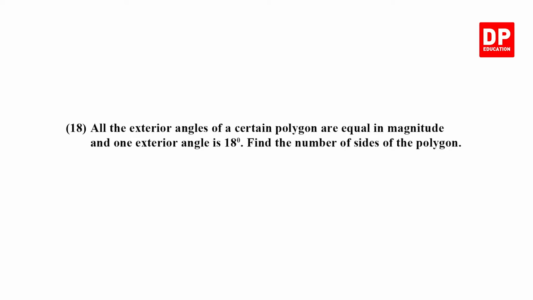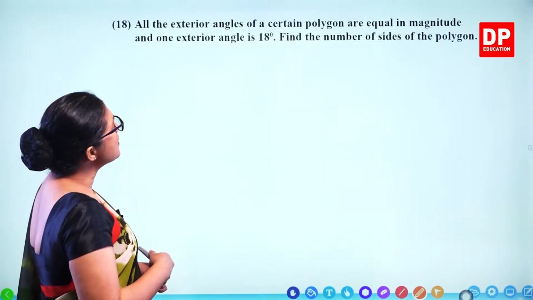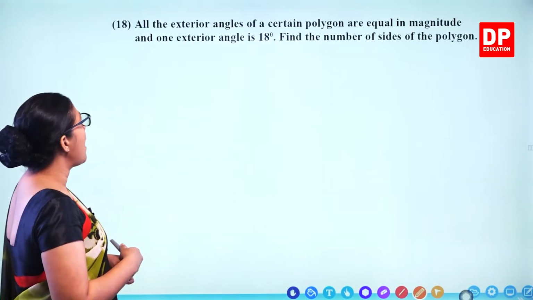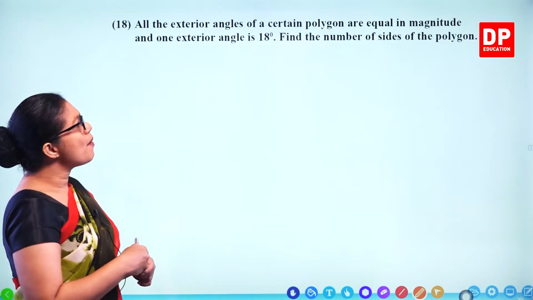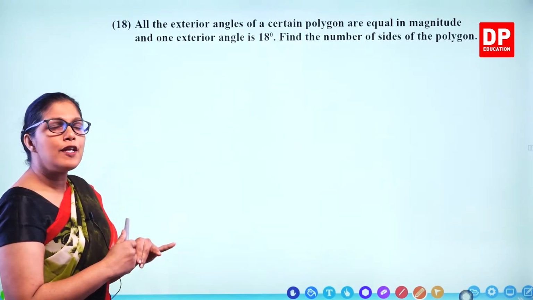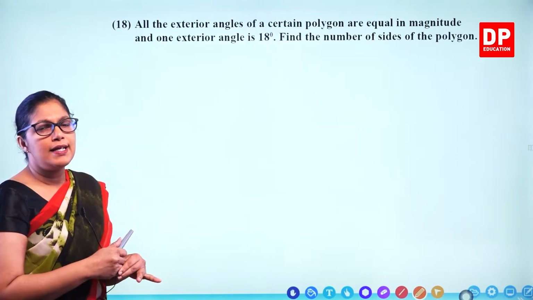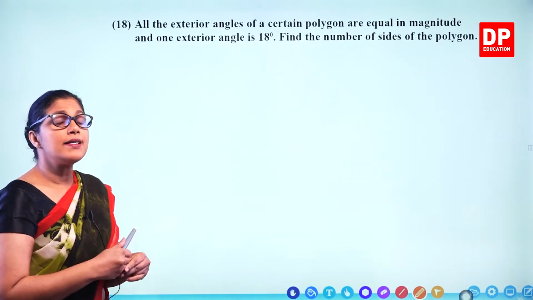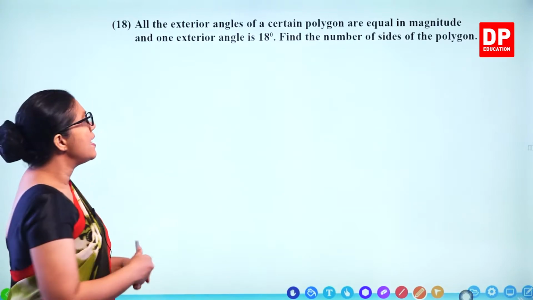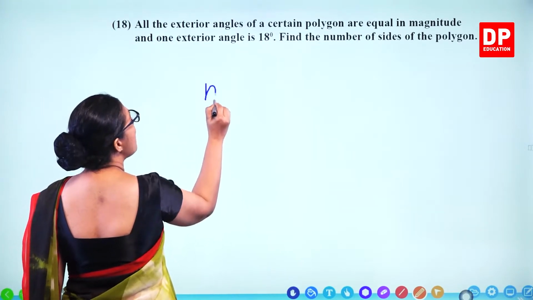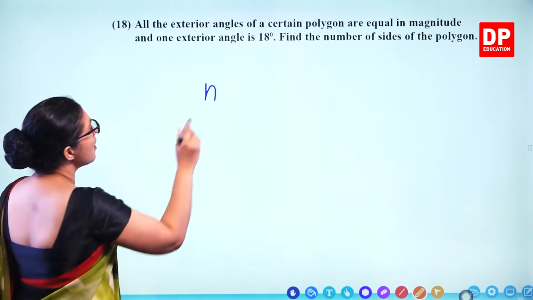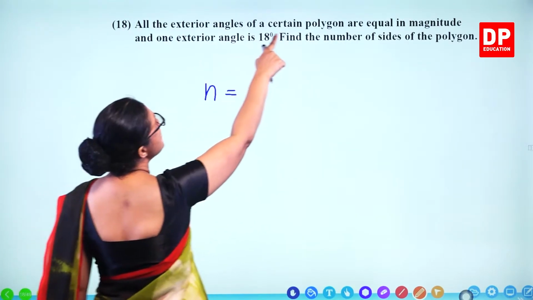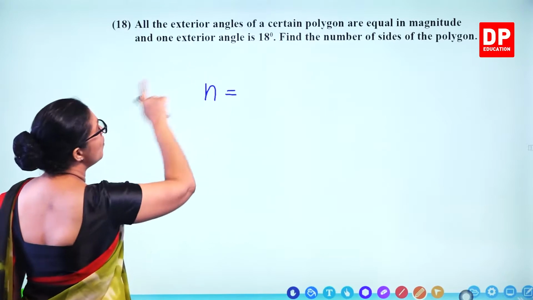Question number 18. All the exterior angles of a certain polygon are equal in magnitude and one exterior angle is 18 degrees. Find the number of sides of the polygon. We know for any polygon, the sum of exterior angles adds up to 360. That's why it says all angles are equal.